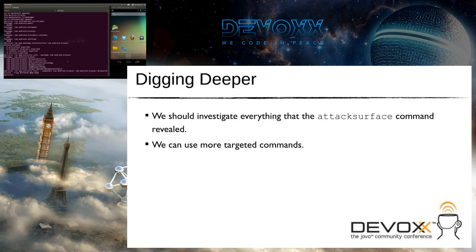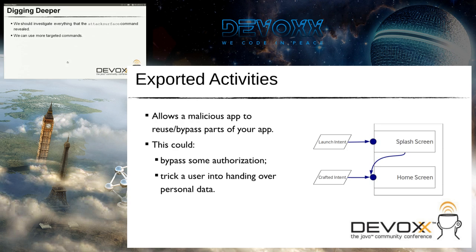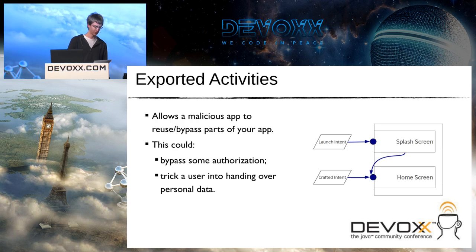So I said there's nothing in there that would constitute a security vulnerability, but we have seen examples where this actually allows authorization bypass in applications. Some applications export activities that they weren't expecting to. And by sending a crafted intent, you can launch an activity that you shouldn't have access to by default.